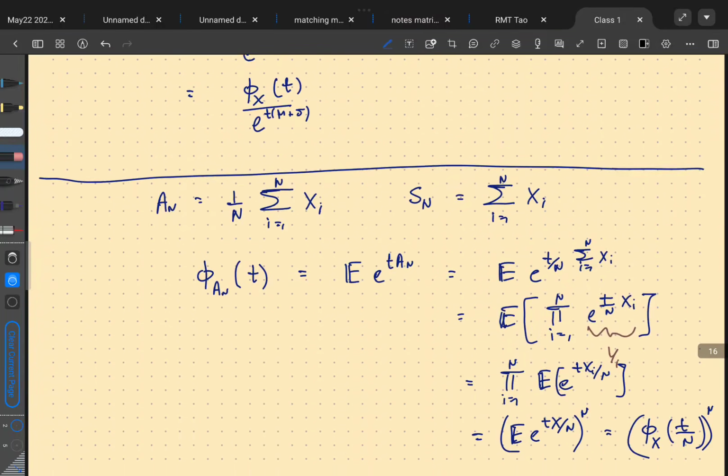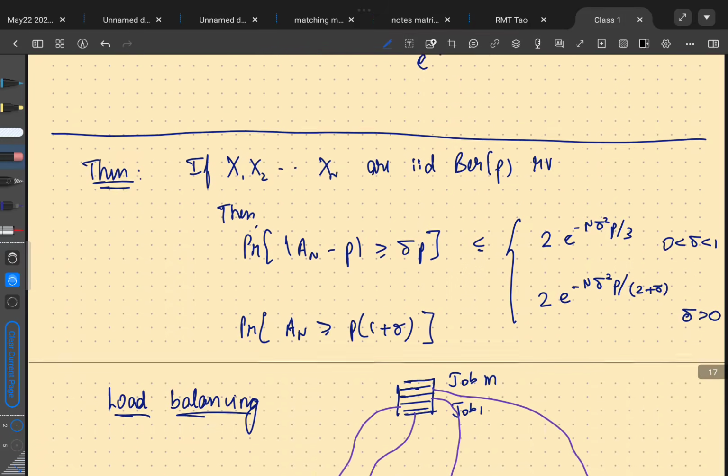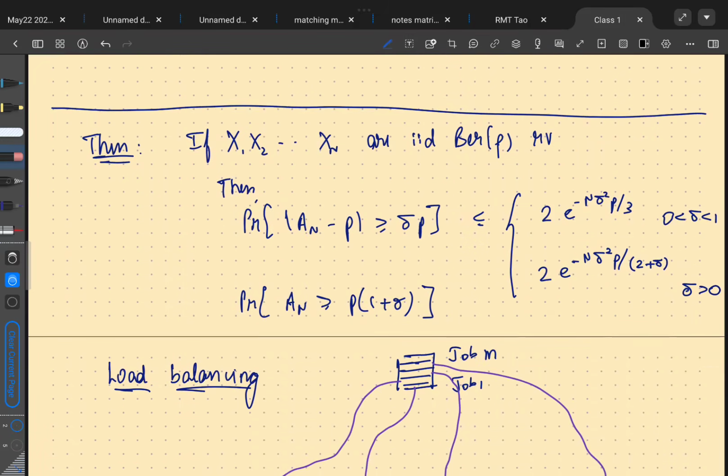And we proved this, again a very simple application of Markov's inequality. And although I didn't prove it, this is a homework exercise. If you have a sequence of n IID Bernoulli p random variables, then we can derive a tail bound on the probability. So recall that A_n is the sample average of X1 through Xn.